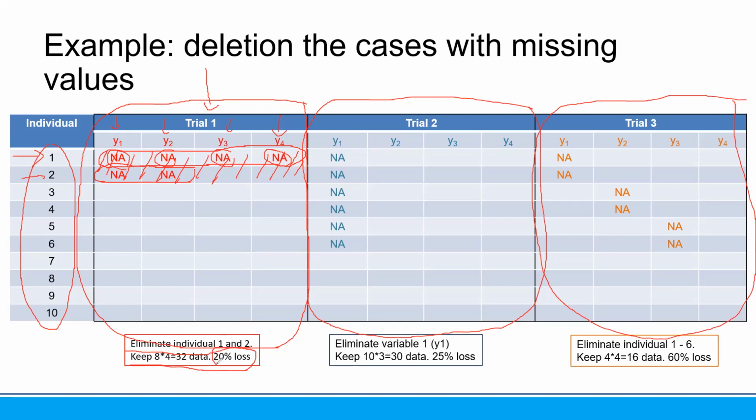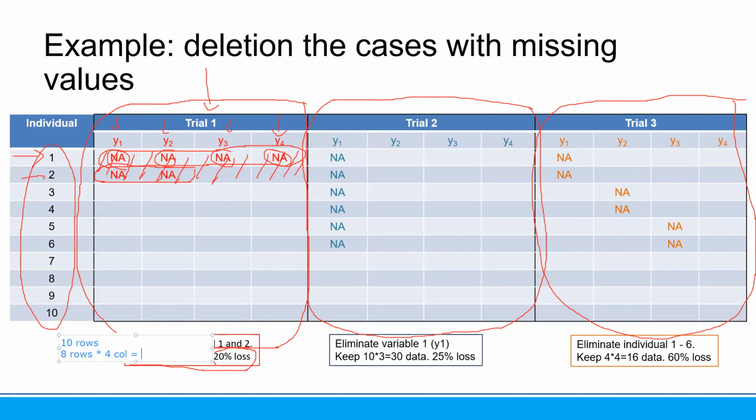We will have 20% loss. Why 20% loss? How many rows do we have? We have 10 rows, and then we have 8 rows that we keep. And we have 4 columns.